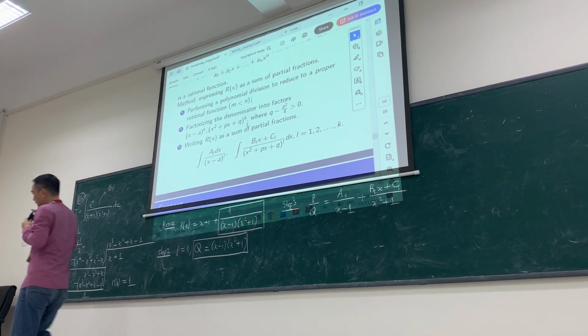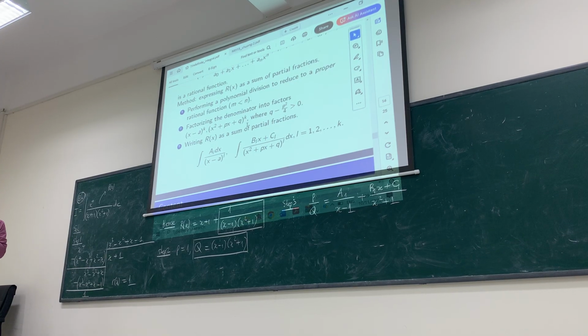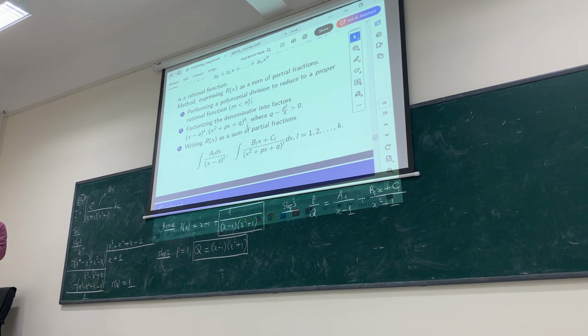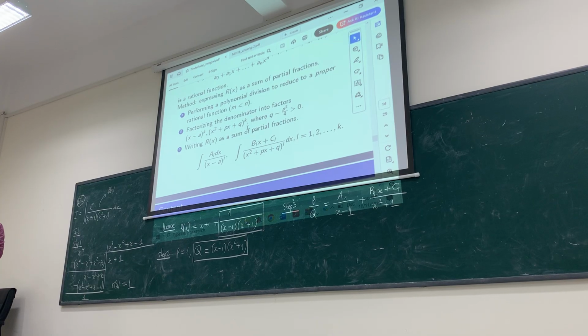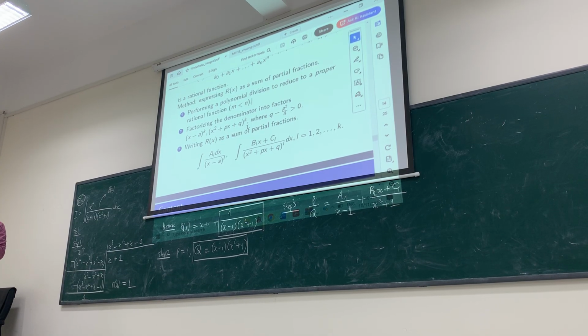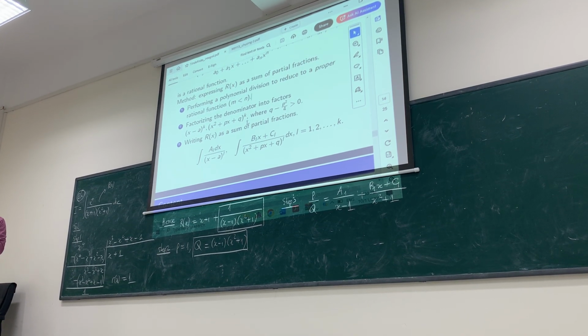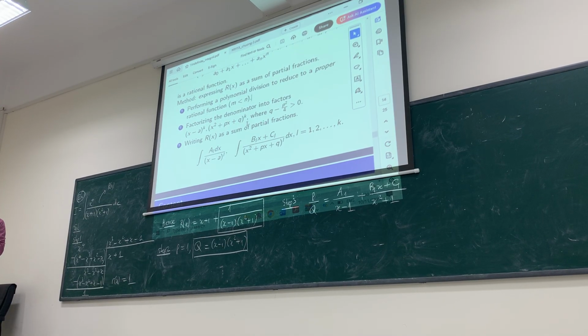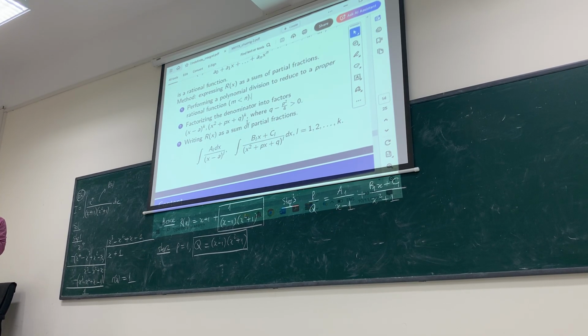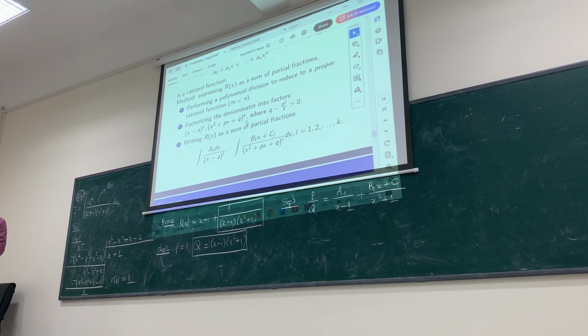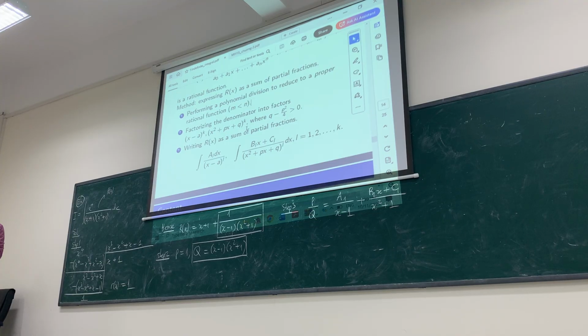I think you know the property: two polynomials are equal if and only if all corresponding coefficients are equal. Corresponding means tương ứng. Two polynomials are equal if and only if all corresponding coefficients are equal.